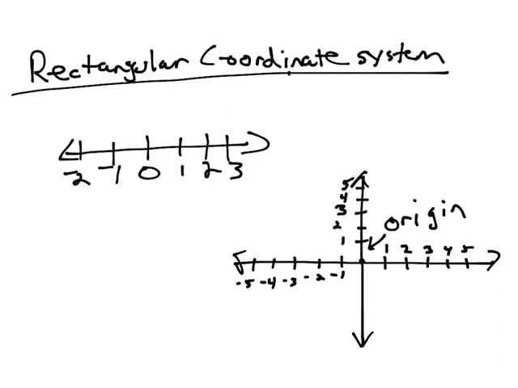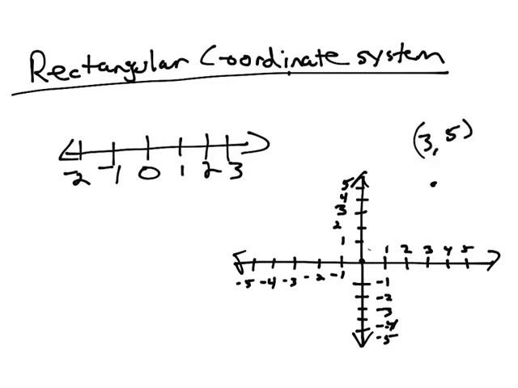And we put the positive numbers going up and the negative numbers going down. What this has going for it is it allows us to label every point in this plane with a unique address. Like this point would be 3, 5.